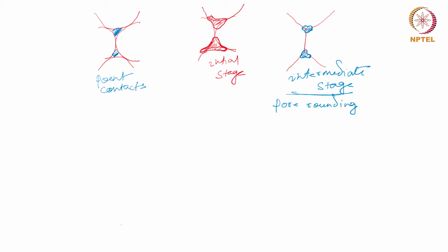So the vacancies diffuse away from the pores, and therefore the atomic flux is towards the pore, and that atomic diffusion in this case takes place by volume and grain boundary diffusion. So these are the dominant mass transport mechanisms in the intermediate stage.